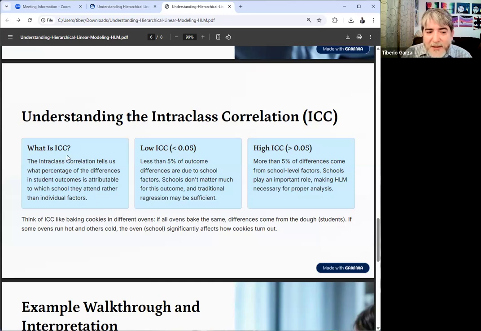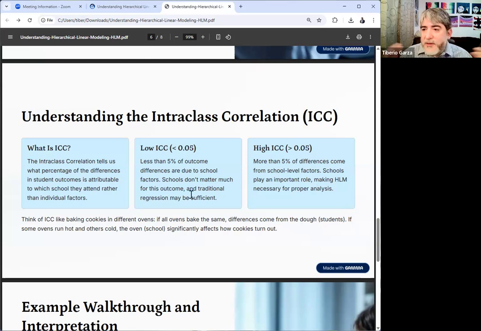First off, what is ICC? It helps us determine what percentage of the differences in student outcomes can be attributed to which school they attend rather than individual factors. If that ICC value is less than 5%, then we conclude schools don't matter much for this outcome.